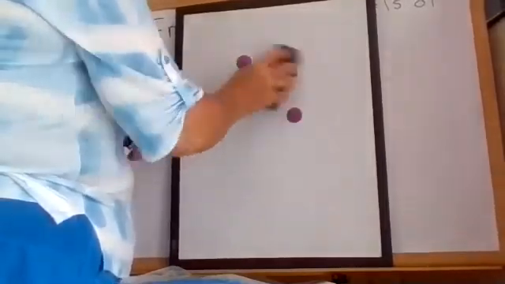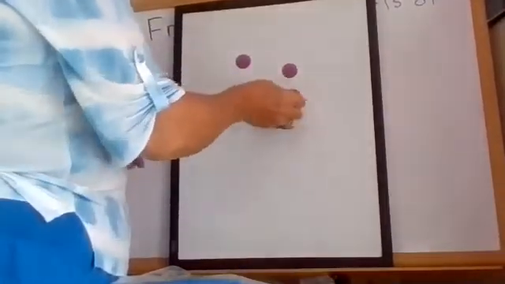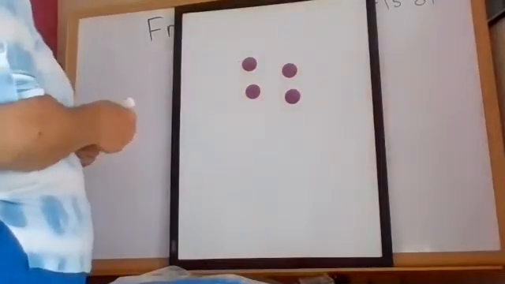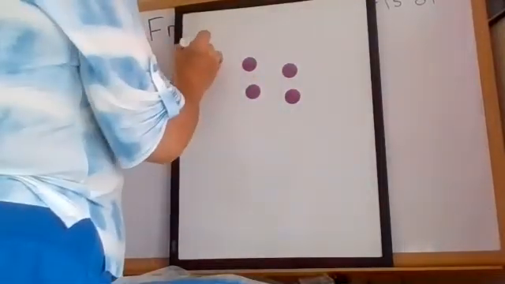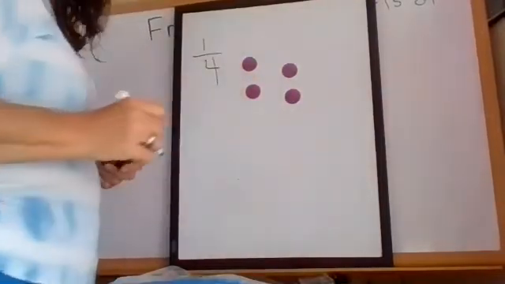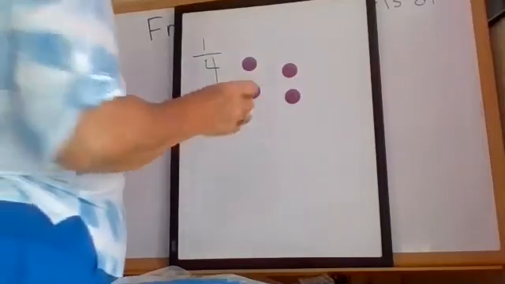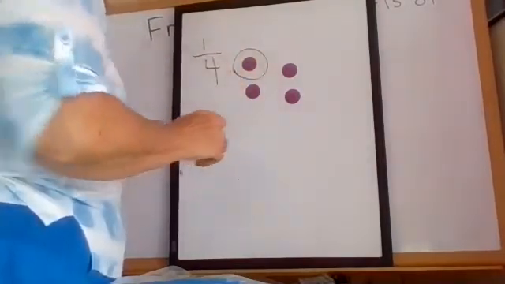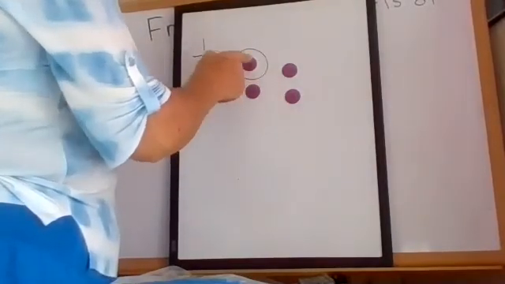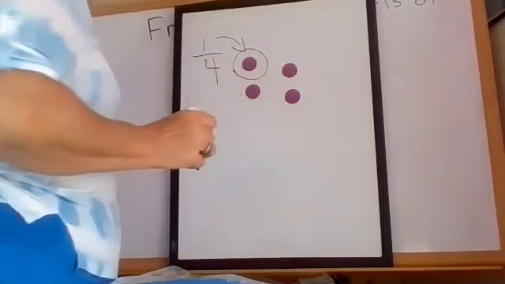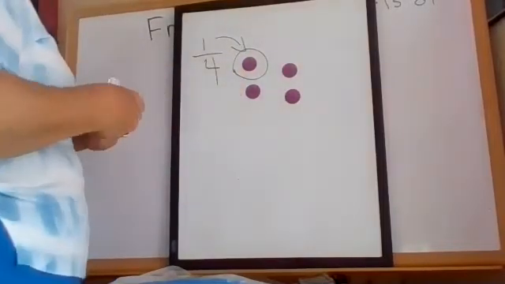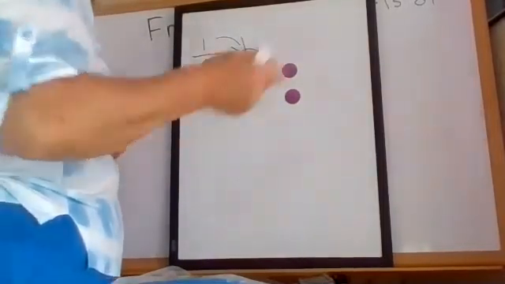Should have just gone like that, it'd be a lot easier. I want you to circle and show me 1/4. Yep, you would just have to circle 1. You could circle any of them. This is 1/4. How many do we have left in our set? This is called a set.